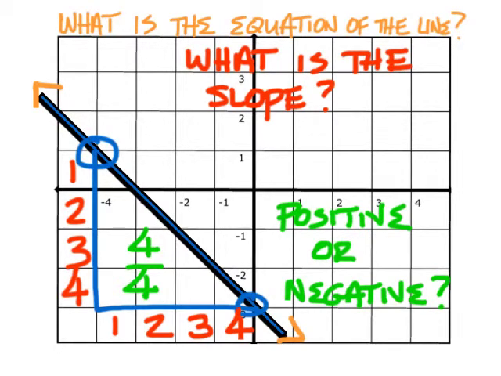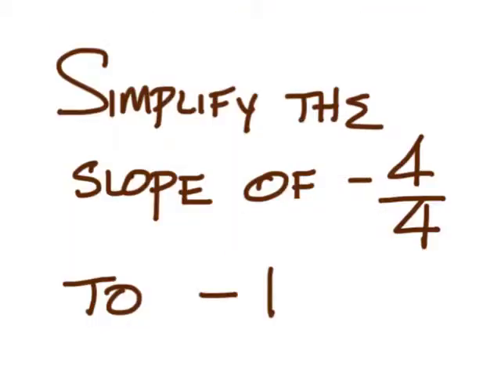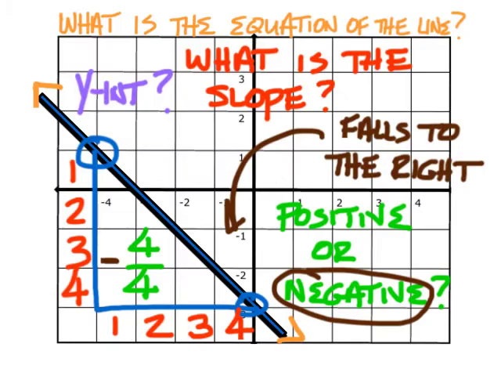That's 4 over 4. But is it positive or negative? It's negative. It goes down to the right. So since it falls to the right, it should be negative 4 over 4. But simplify the slope of negative 4 over 4 to negative 1. Negative 4 over 4 is negative 1.